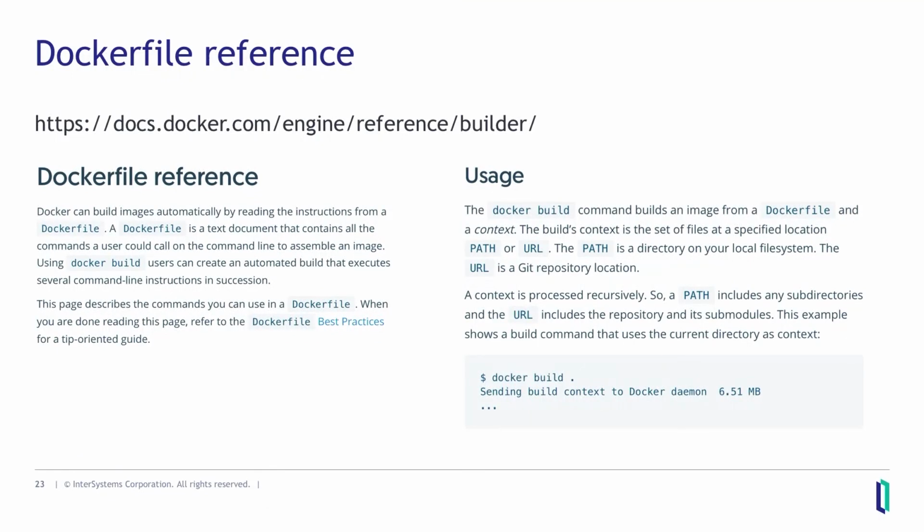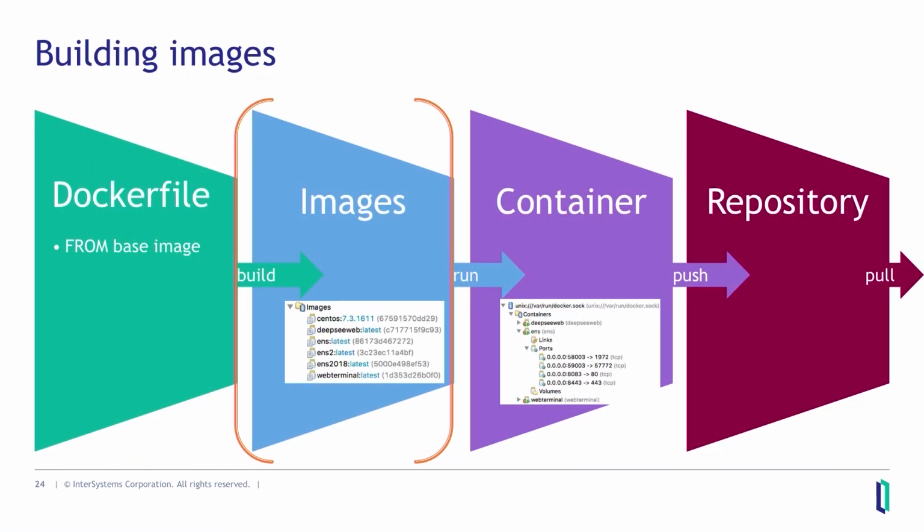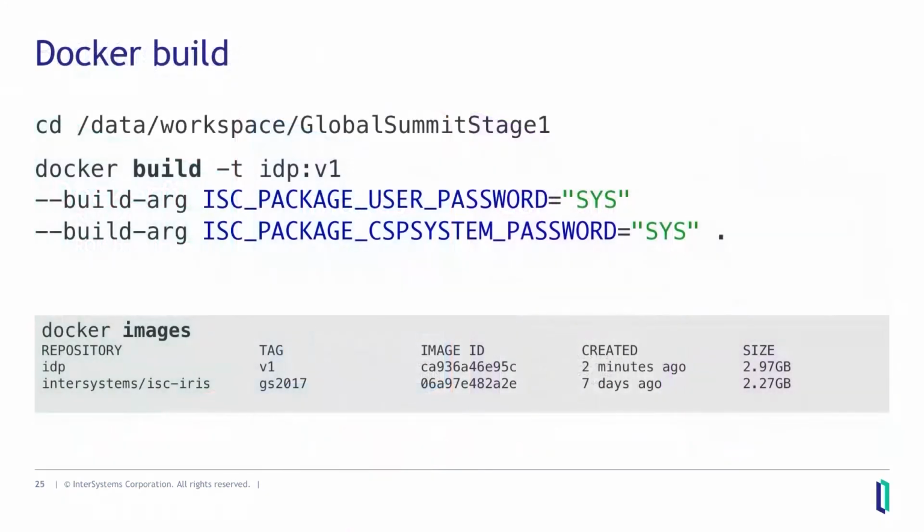Of course, I encourage you to go to the Docker reference, where you find all the details on every instruction. And after that, you are ready to build your image. So the building is just one instruction, docker build, as simply as that. -t is to name it, to tag it, and to give whatever name you have.